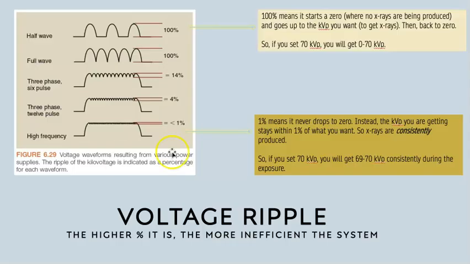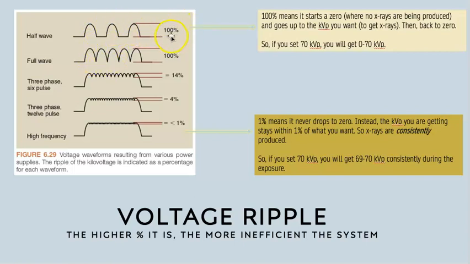Let's take a look, and that's a conversation about voltage ripple. Here we had our really inefficient, really old equipment where we have 100% ripple, and it's only half rectified, meaning that other part of the wave wasn't recycled yet.